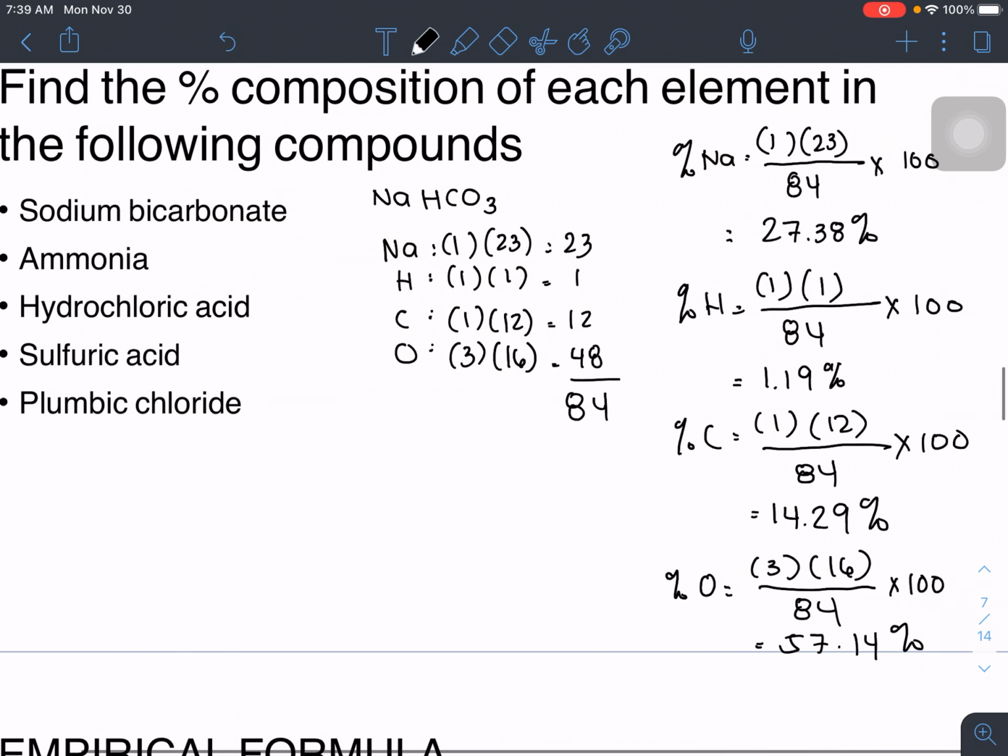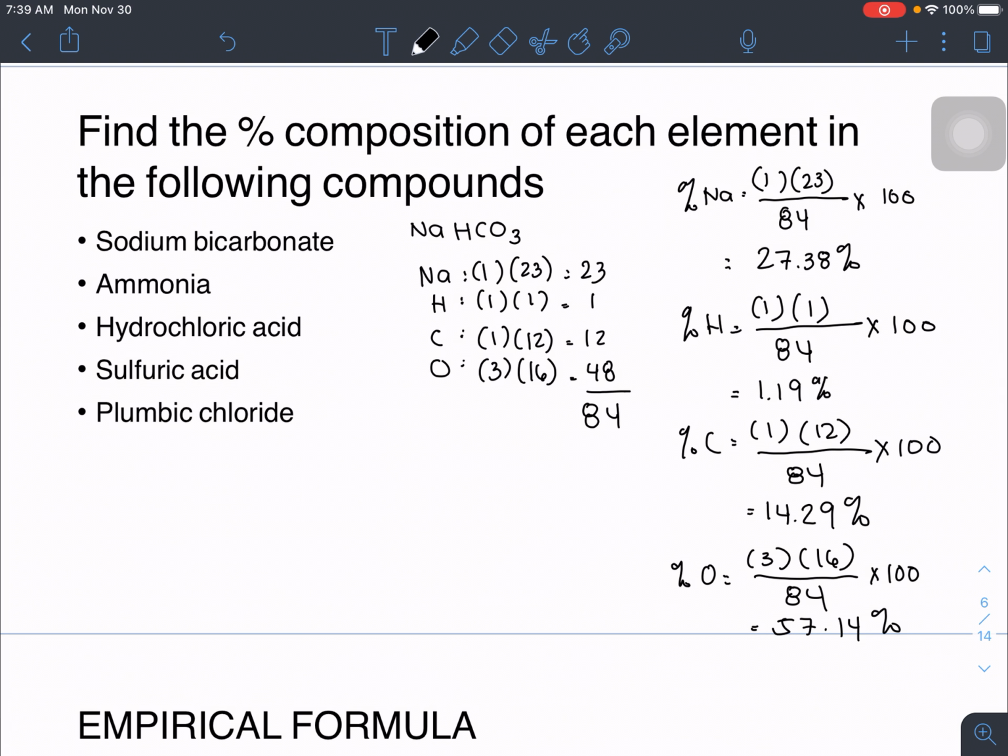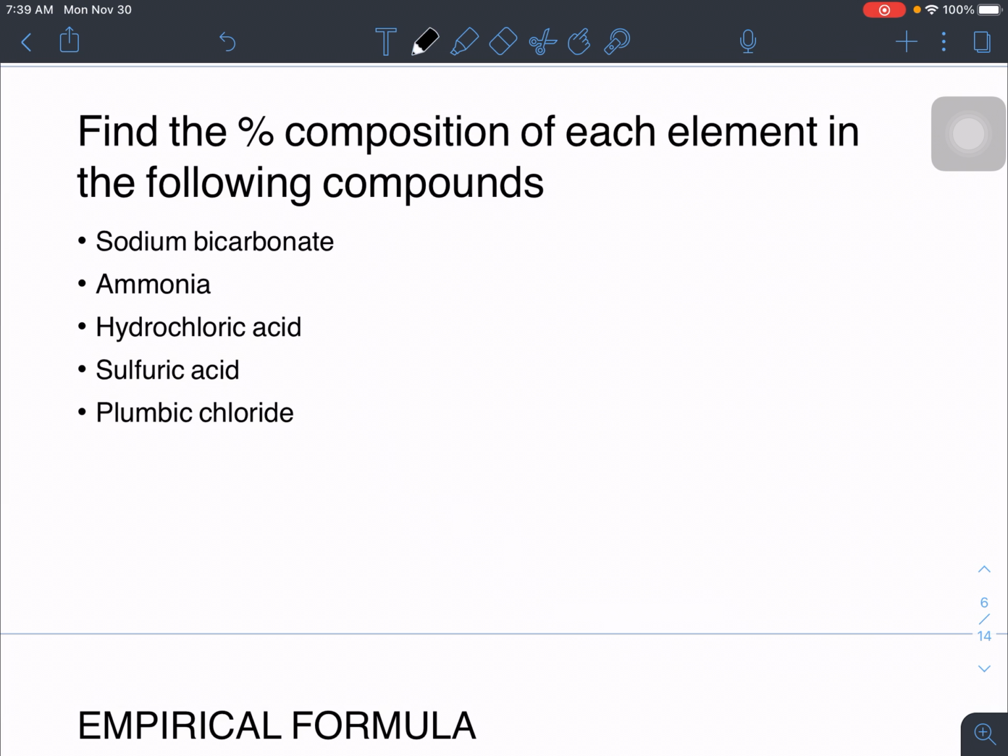Now let's have ammonia. Let's find the percentage composition of each element in ammonia. Ammonia is NH3. There is 1 atom of nitrogen and 3 atoms of hydrogen, multiplied by the mass numbers, which are 14 and 1. This will be 14, this will be 3, all over 17. Now let's find the percentage composition of nitrogen.